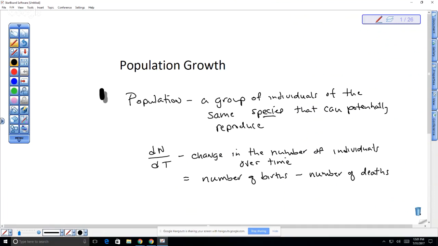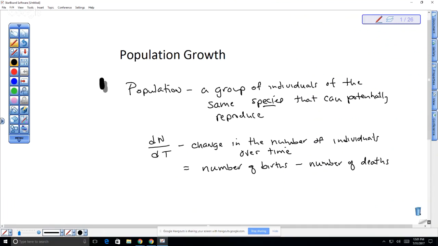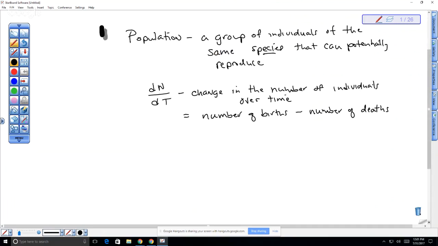Now, the first example that we're going to talk about of a population growth model is that which is represented by exponential growth. So one thing that does grow exponentially would be bacteria, and they actually can reproduce by simply dividing themselves into two.